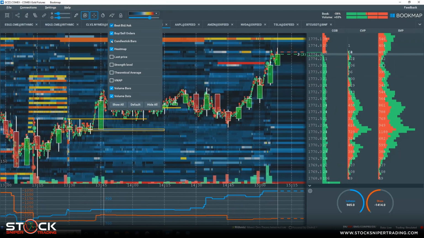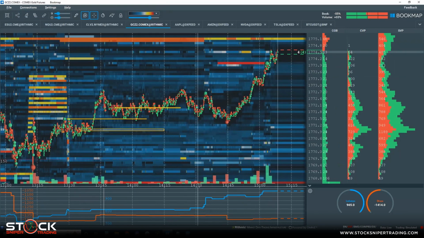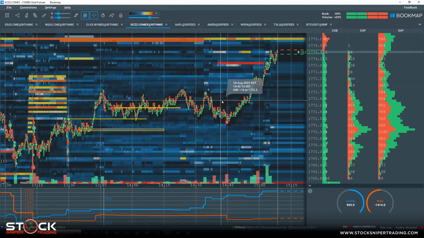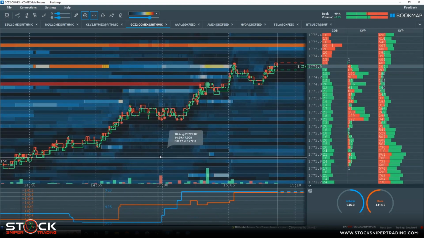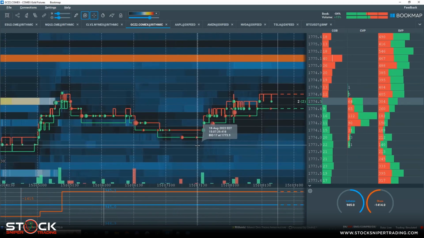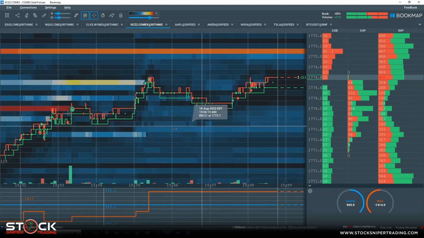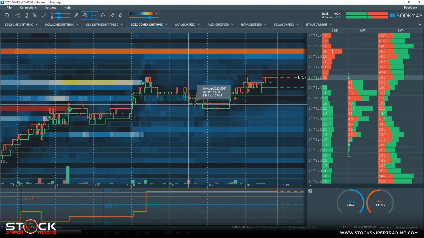What we do is divvy up the chart on the x-axis here, and you can see there's 15 minutes between each vertical dotted line. If I zoom in, that changes. Now it's down to 5 minutes. If I zoom in more, now it's down to 30 seconds or a minute, whatever. That divvies up the chart so you can understand the time frame.